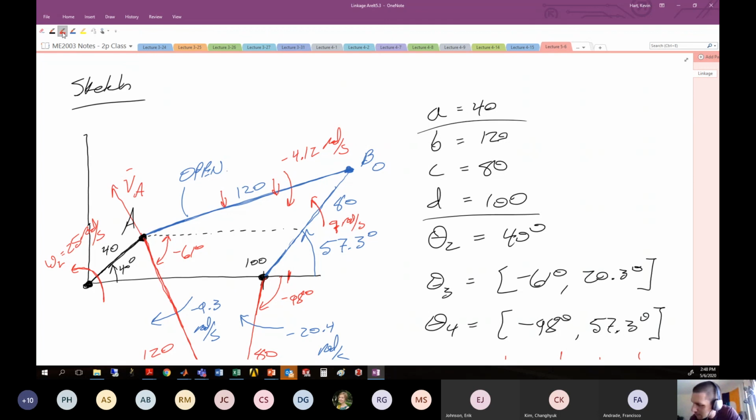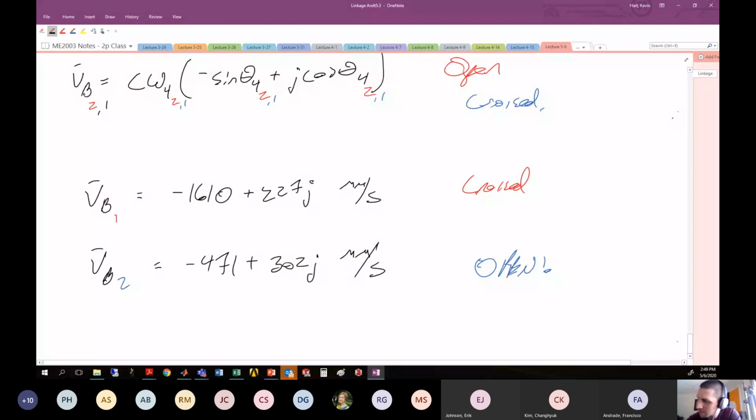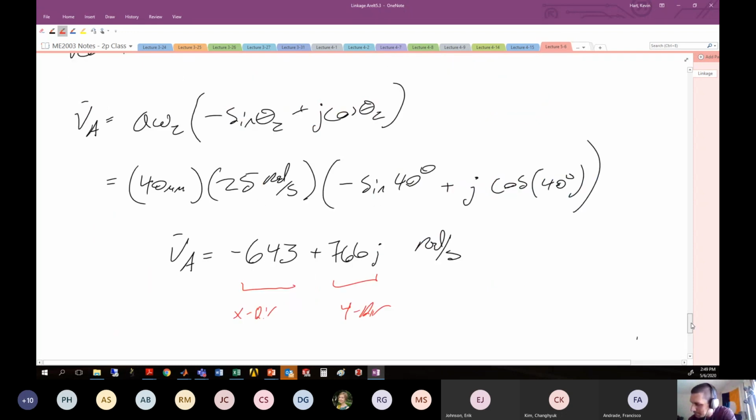But what's more telling is the angular velocity of this link that is fixed here to this particular point. Here, 7 radians per second in this positive direction. I would expect then that the velocity at B coming off might be perpendicular to this, so the velocity at B might look something like there. So positive in the y, negative in the x. That's what I see here for the velocity in the open configuration. Positive y, negative in the x. So that looks pretty good.